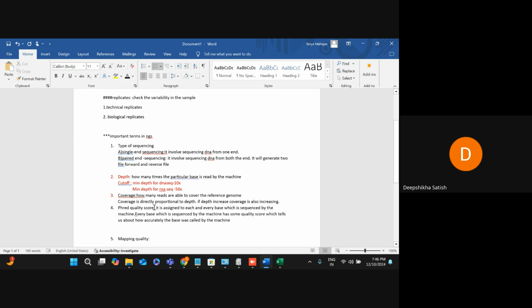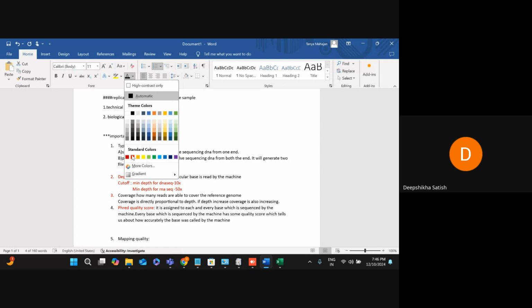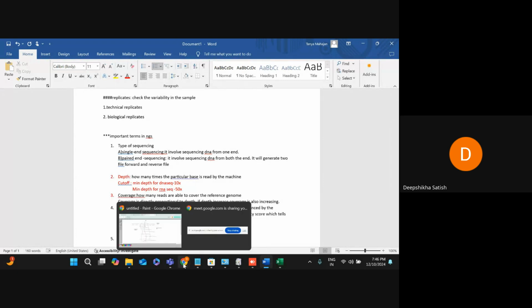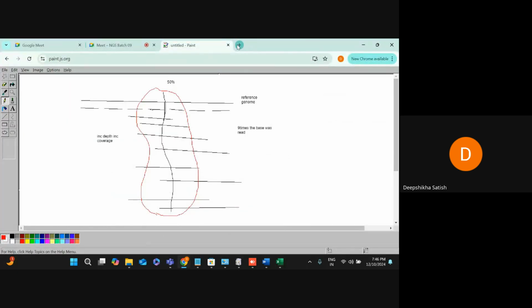That means in the data, each and every base is sequenced by the machine and some quality score is given to your base. The cutoff I will tell you later on. So let's discuss what this Phred quality is.